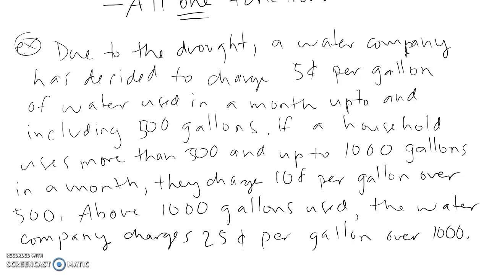Okay, so there's one price if you use up to 500. If you use more than 500, they start charging an extra amount for those gallons over 500. And if you go over 1,000, they charge an even higher amount. I did make this up, but it's similar to what the East Bay Mud Company is doing here in California as far as trying to help people conserve water.